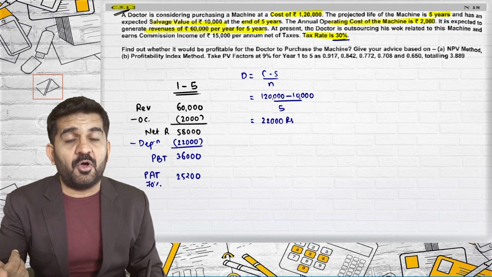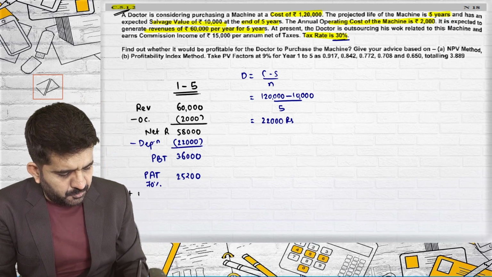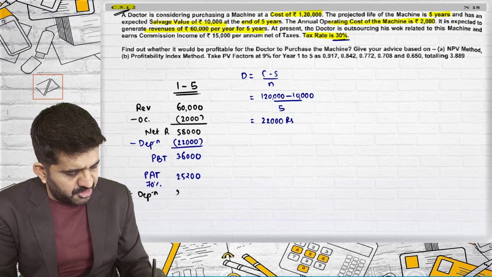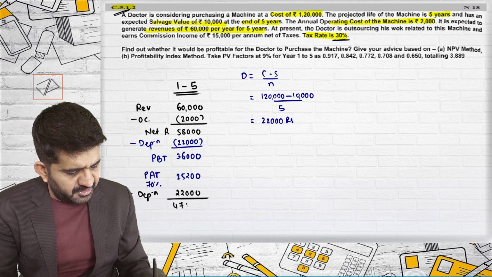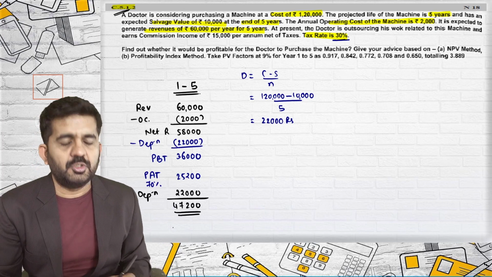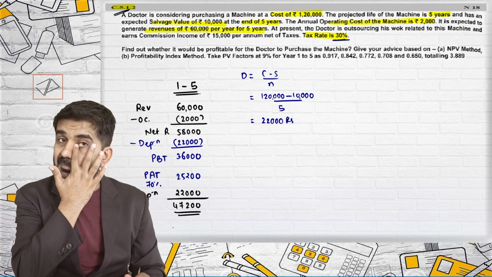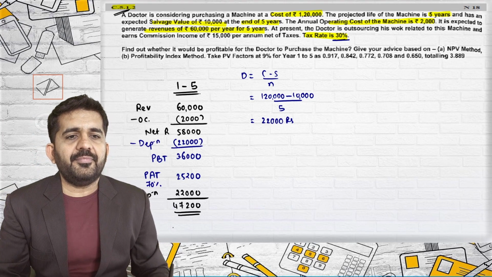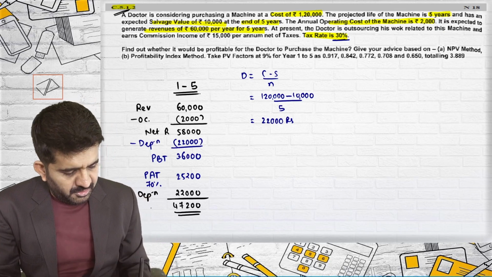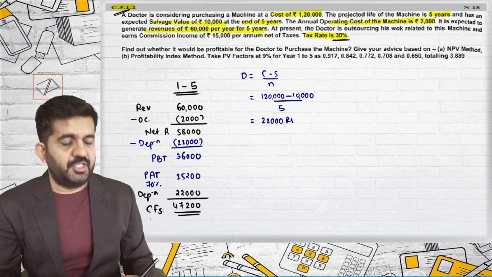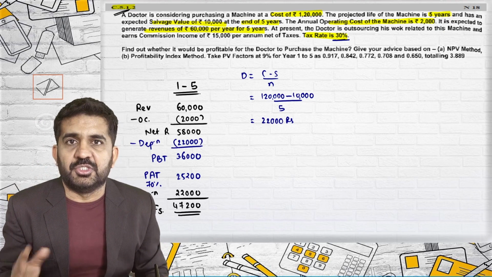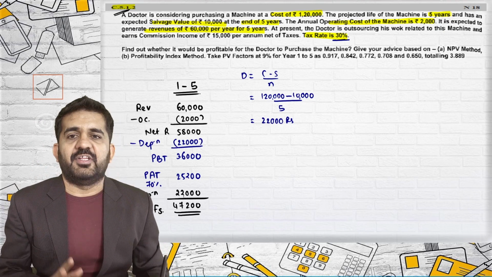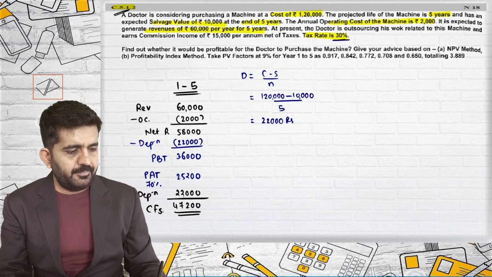We are not interested in his profit. We are interested in his cash flow. So we'll have to add a depreciation of 22,000. So it will be 47,200. This is my cash flow. In all 5 years, my cash flow is 47,200.